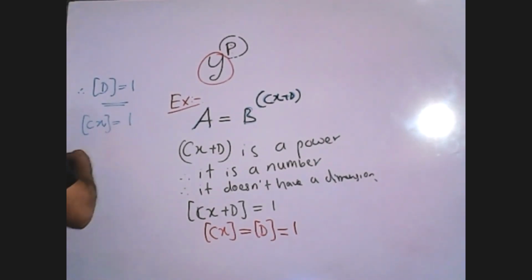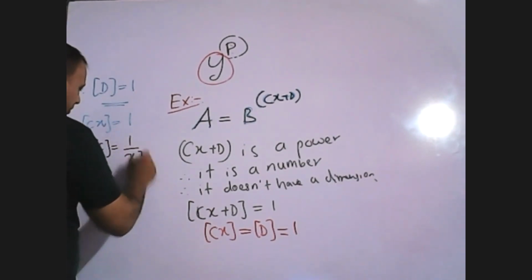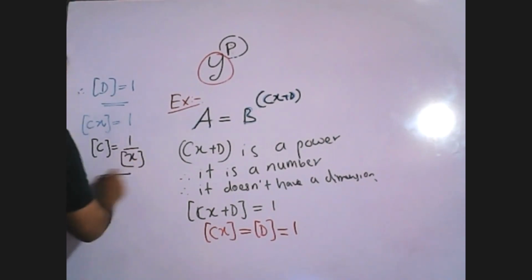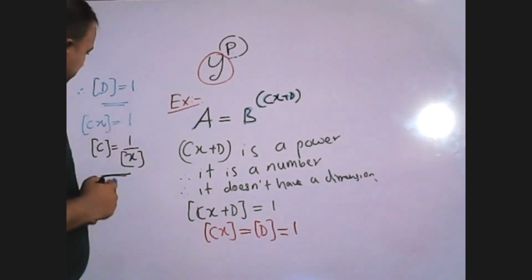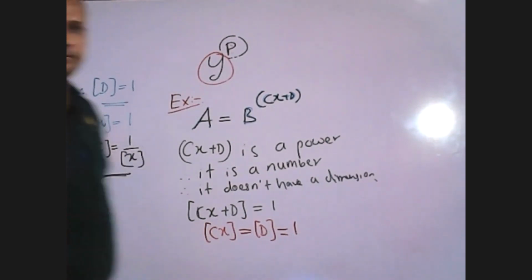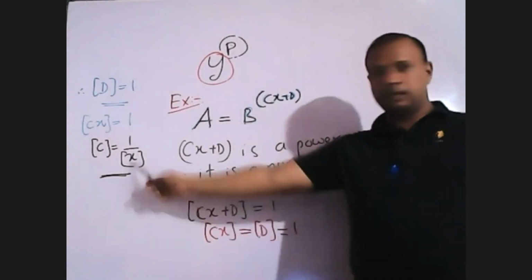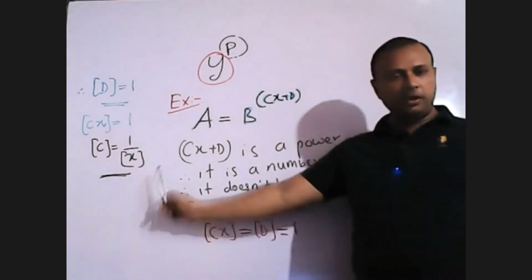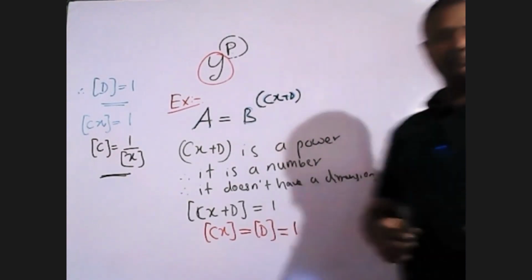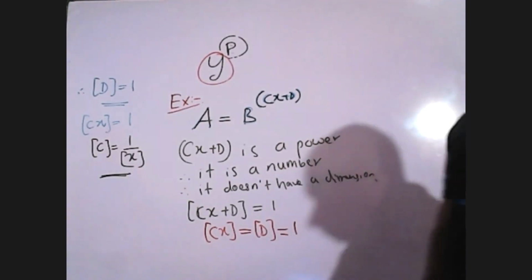That means the dimension of C is equal to 1 over the dimension of X. Do you get my point? Yes, sir. Very good.